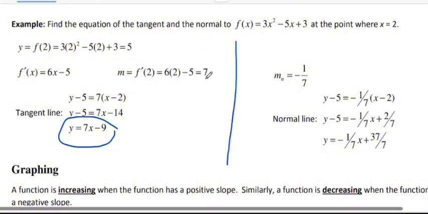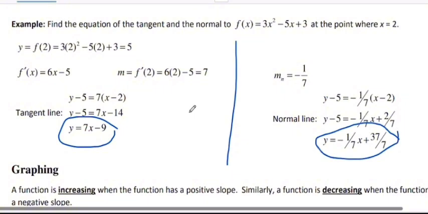So if this is 7, it's going to be negative 1 over 7. I'm still going to use that equation, but the only difference between this and this is the slope. Here I use a slope of 7, and here I'm going to use a slope of negative 1 over 7. So by the time I plug that in and simplify, that is going to be the normal line.